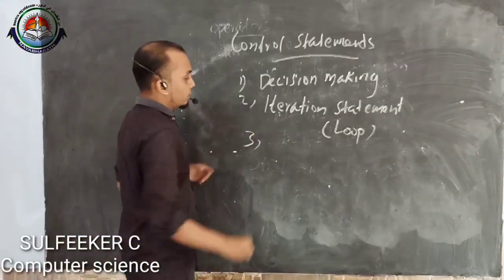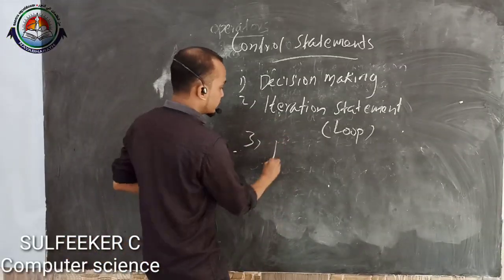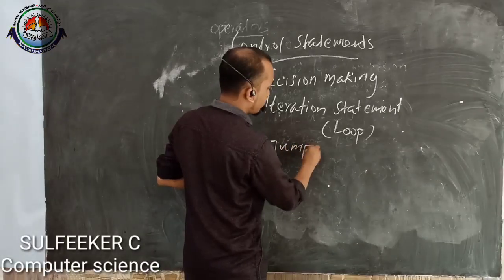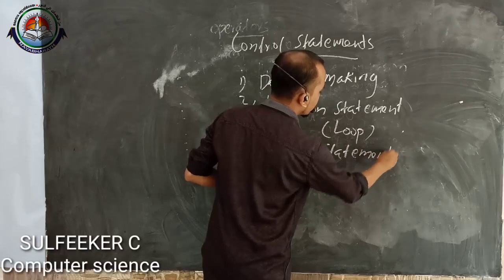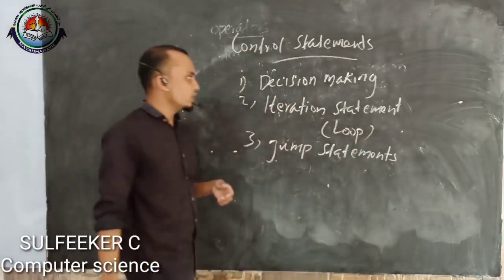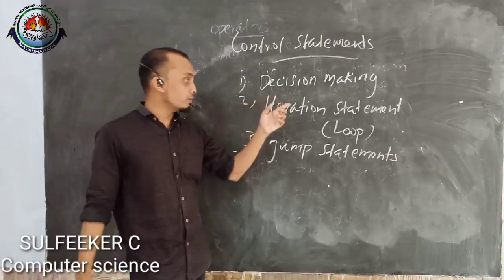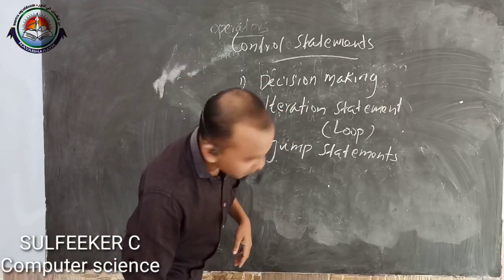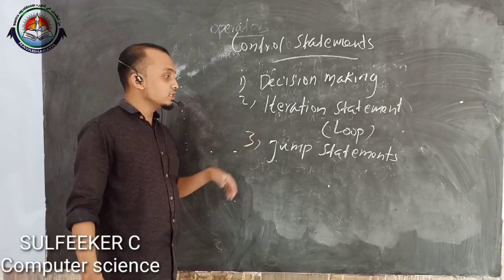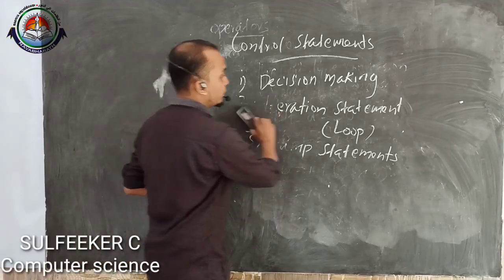Then the third one is jump statements. First one is decision making statement, second is iteration statement, third one is jump statement. This iteration statement and jump statement we will discuss later.